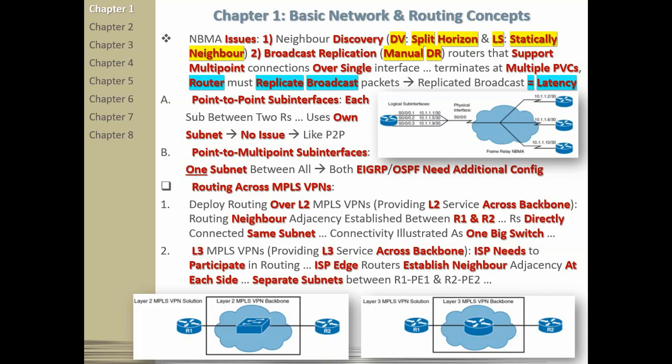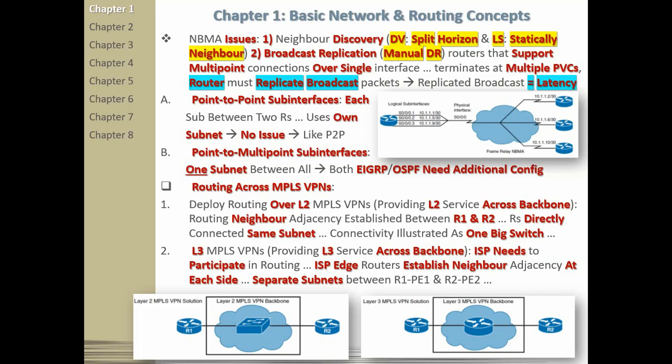The router must therefore replicate broadcast packets as there is no broadcast capability here. Of course, this broadcast replication comes as a direct issue of NBMA networks, but it also results in another issue indirectly, that is latency.